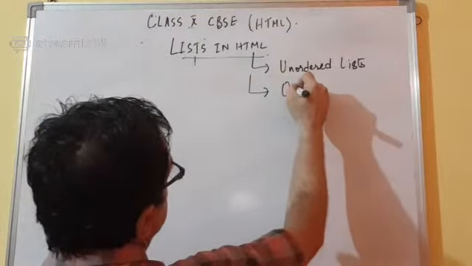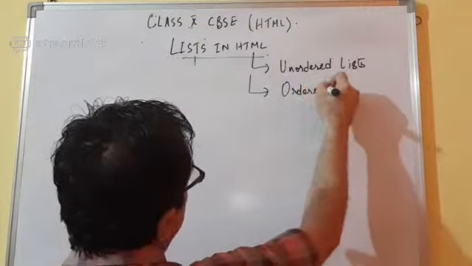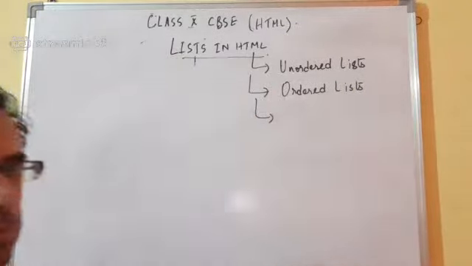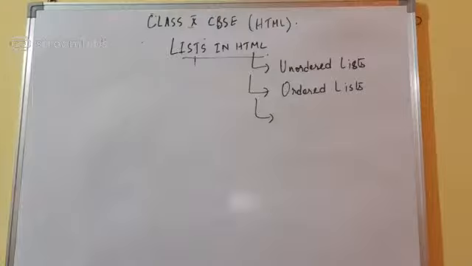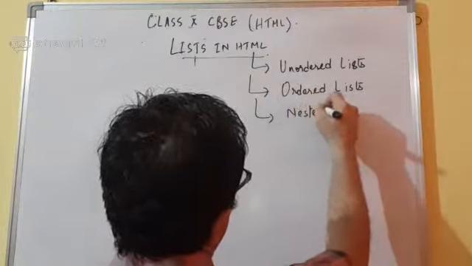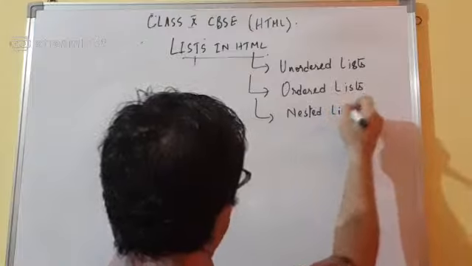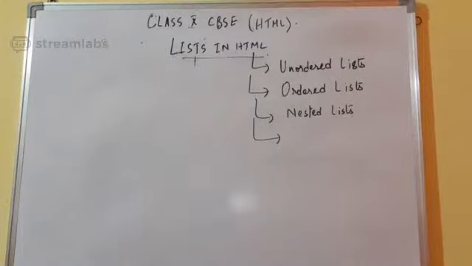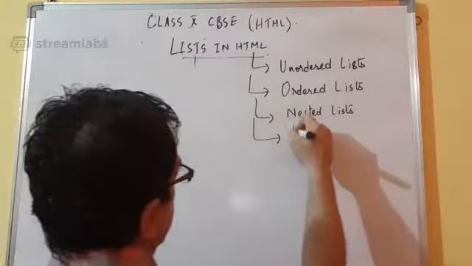Then we come across ordered lists. Then there's a mixture of unordered and ordered lists, which can be called nested lists. And there's one more, that is called definition lists. Okay.